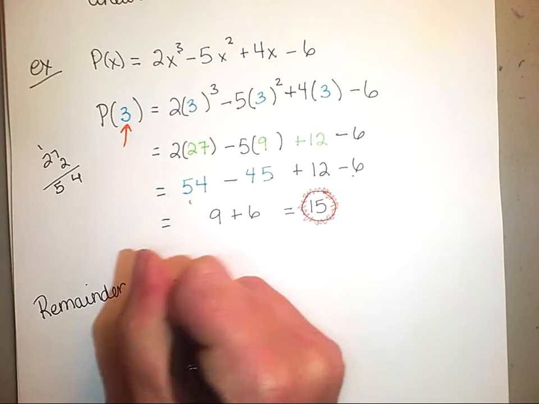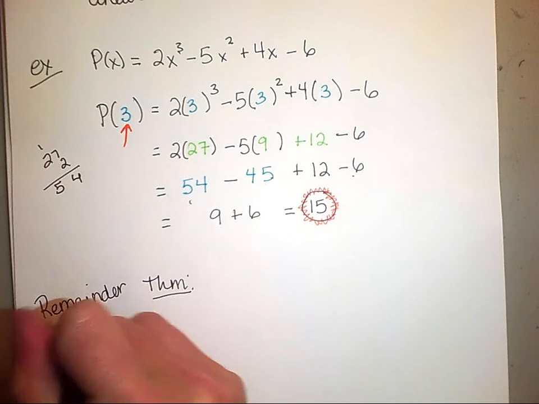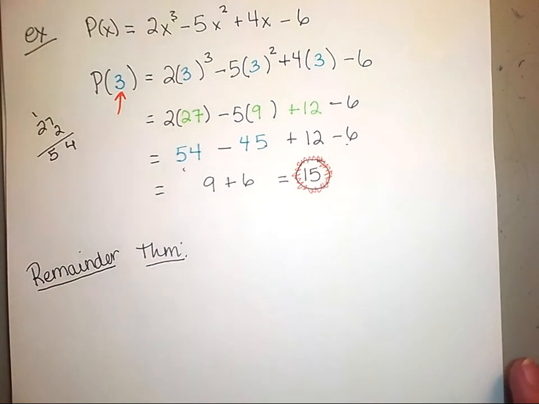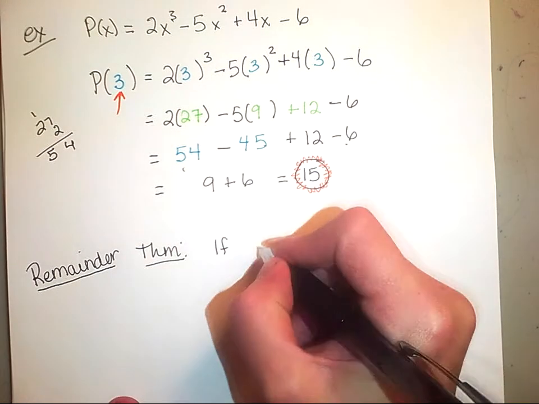So a theorem, I'm just going to abbreviate THM. A theorem is something that's true, that's already been proven. So we don't have to go back through and prove it. We can just use the result. So let's say we have a polynomial.